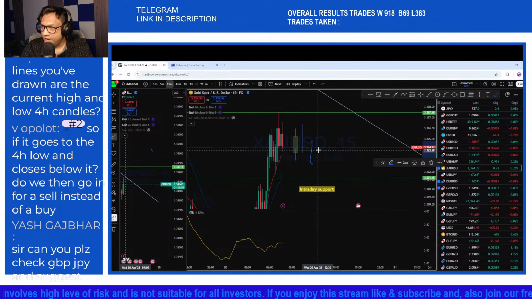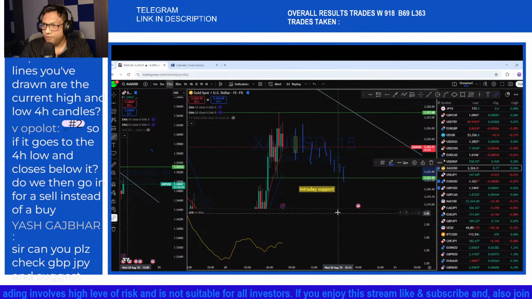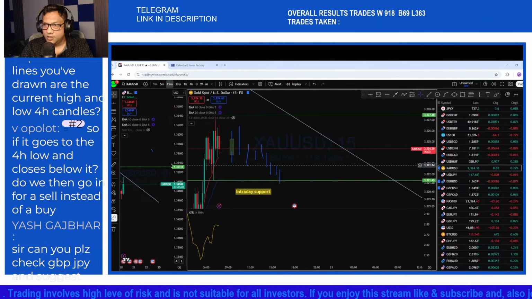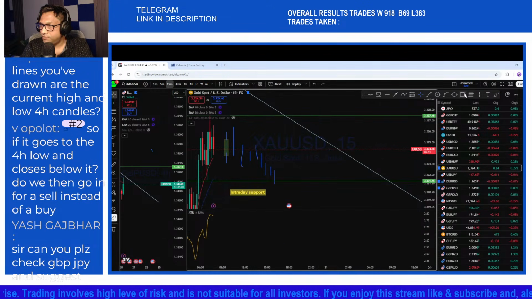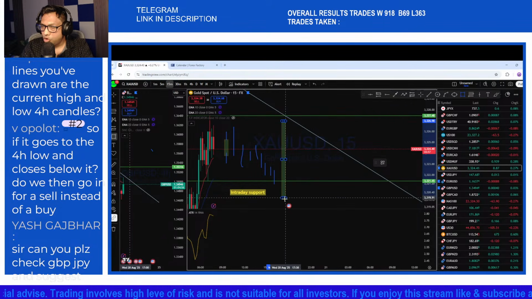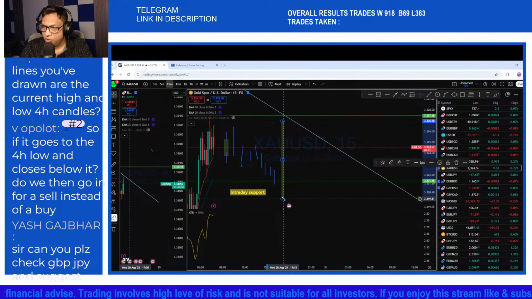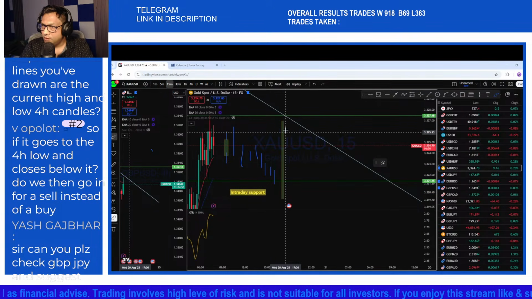This is one scenario. The other scenario can be like that: one candle starts from here, drops to that level, and then closes like that, or even closes below. Okay, one like this.